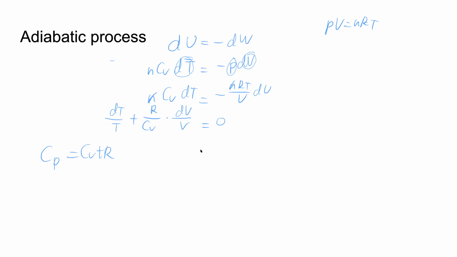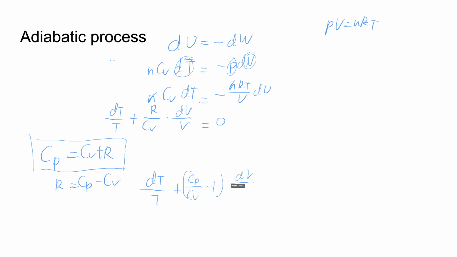So what we have here is Cp minus Cv divided by Cv, so we have Cp divided by Cv minus 1, times dV over V. Remember, I talked about this before. This is sigma, this constant thing.